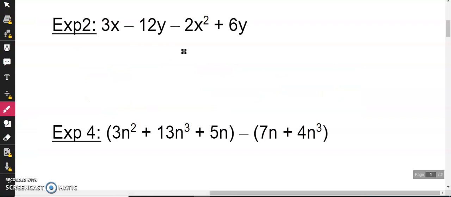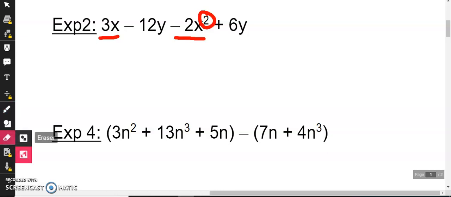Right, so example 2 is a little bit more complicated. Once again, my 3x is the first thing that I see. I see an x over here, but then I notice that this x has an exponent of 2 on it. And so I need to remember that for combining like terms, when I'm adding and subtracting, the x and the x squared are not the same thing, right?